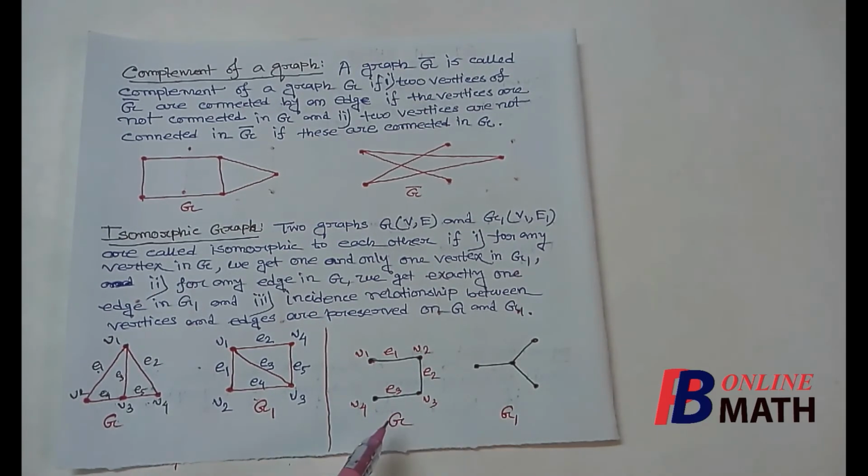But in the graph G, there is no vertex having degree 3. From here, we state that the incidence relationship between the vertices and the edges is not preserved in G and G1, because there are 3 edges incident to a vertex in G1, but there is no vertex in G where 3 edges are incident to that vertex. From here, we conclude that these two graphs are not isomorphic.